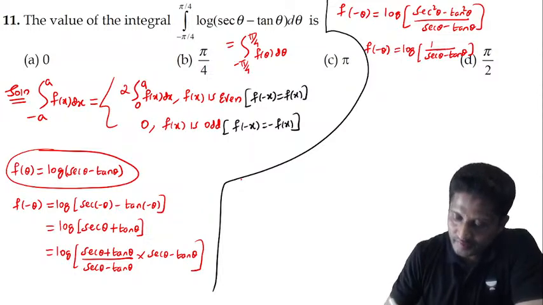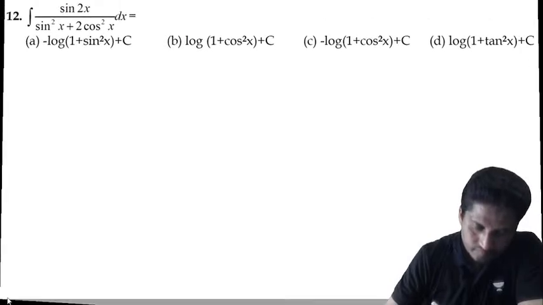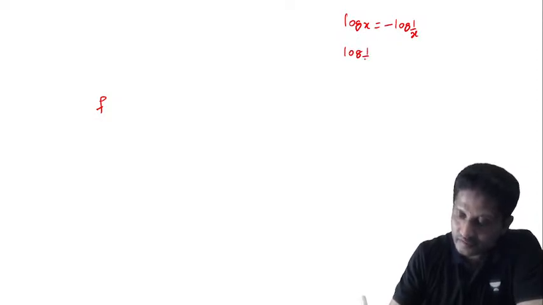Whenever you have, suppose, log x, it should be equal to minus log 1 by x. Or if I have log 1 by x, that is equal to minus log x.